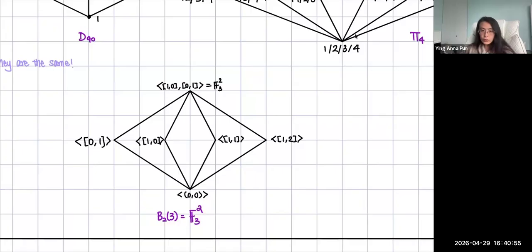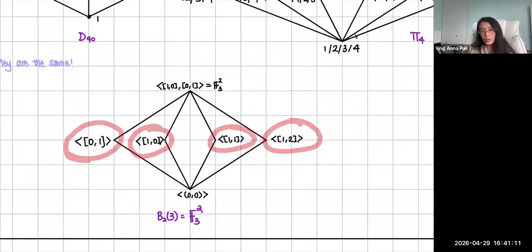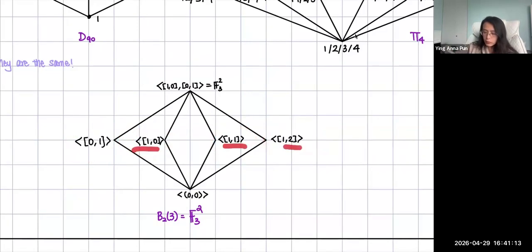So we want to look at all the subspaces of F_3^2. So of course you can have the subspace itself or the zero subspace, but all the 1-dimensional subspaces are generated by (0,1), (1,0), (1,1), and (1,2). They are all the 1-dimensional subspaces of F_3^2.